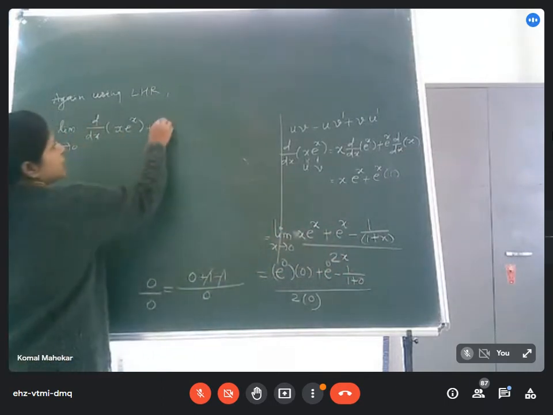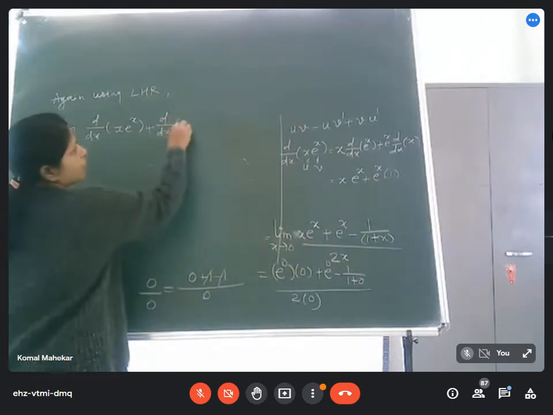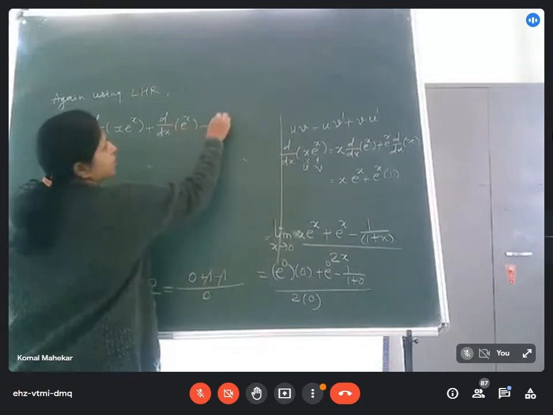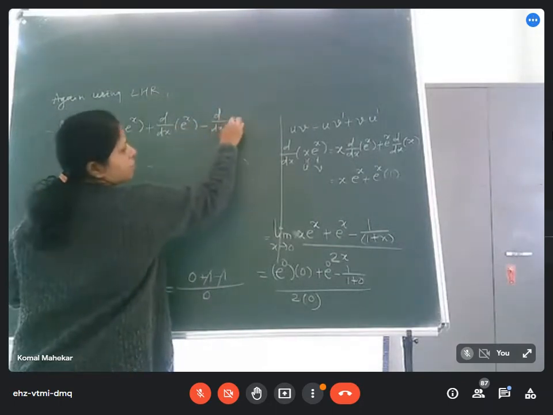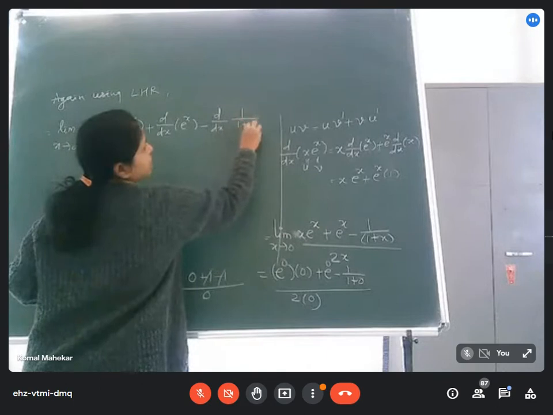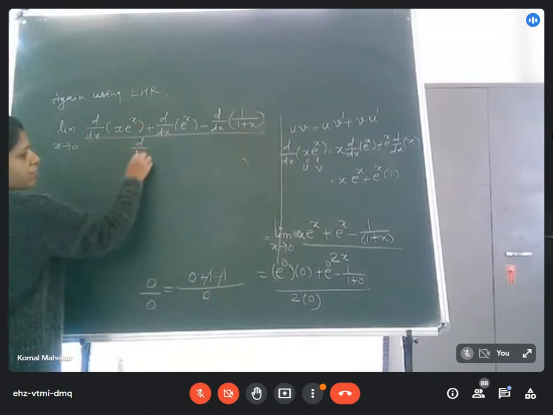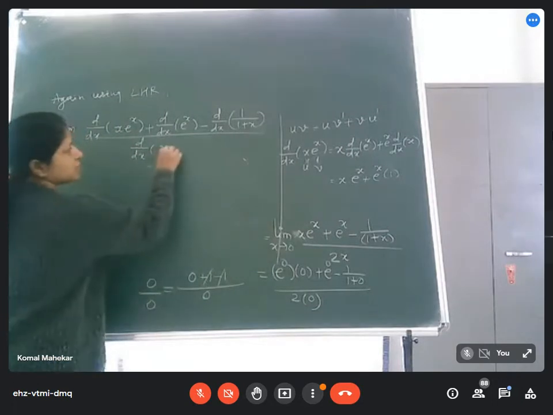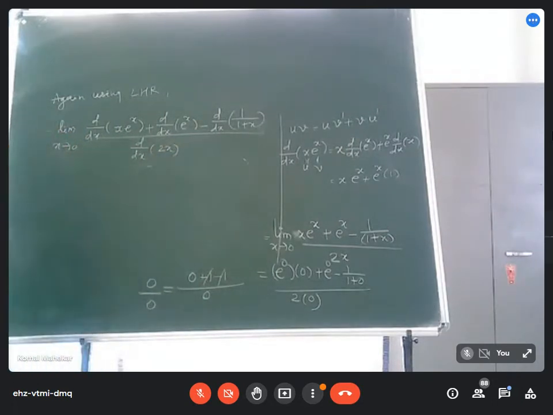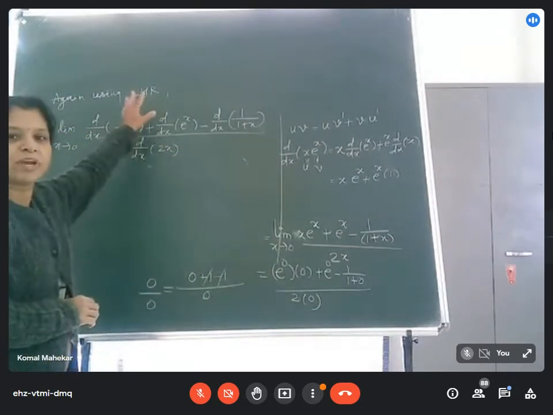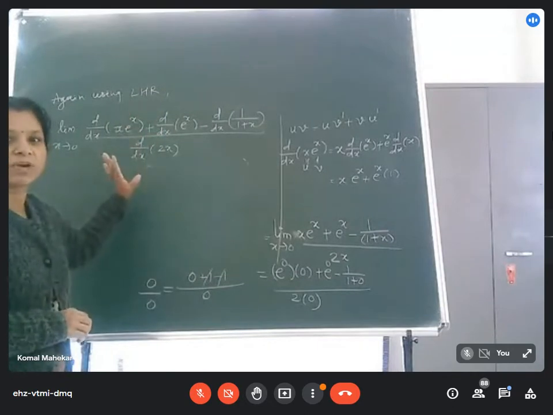Okay, plus d by dx of e raised to x minus d by dx of 1 upon 1 plus x, divided by d by dx of 2x, derivative of denominator function. So taking derivative of numerator function as well as denominator function.